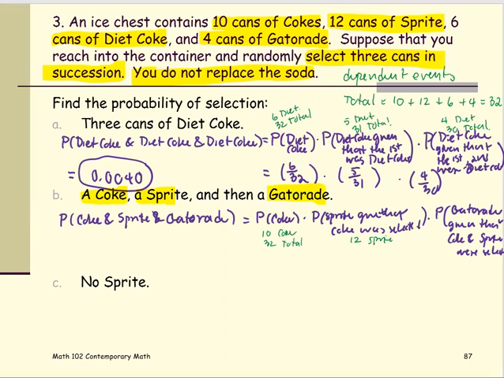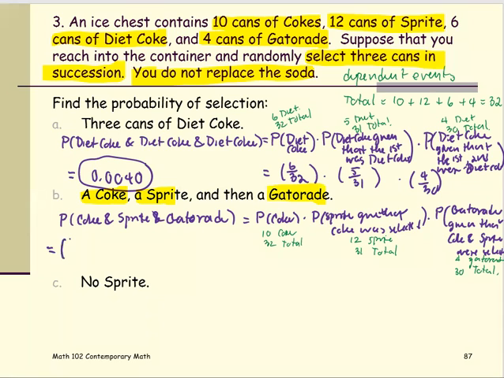And the total after one can was selected is going to be 31 cans left in the ice chest. Gatorade, the total would be 4. So 4 Gatorade. And the total number of cans after 2 already selected will be down to 30 cans in the ice chest.